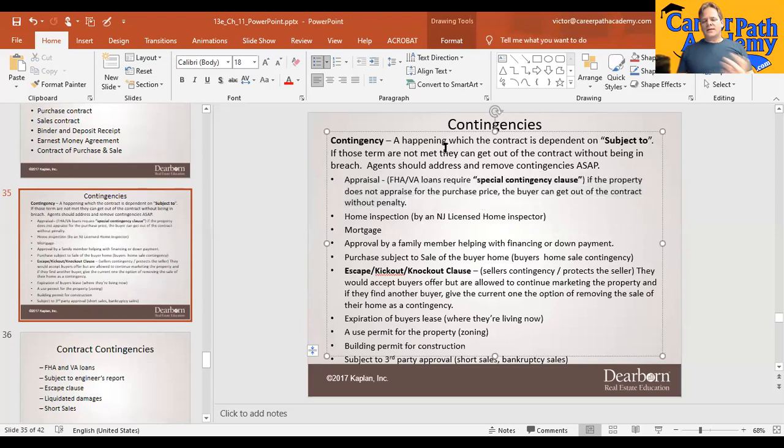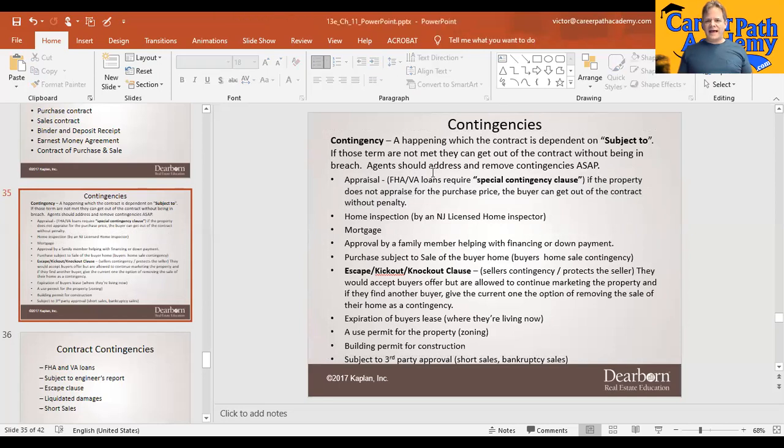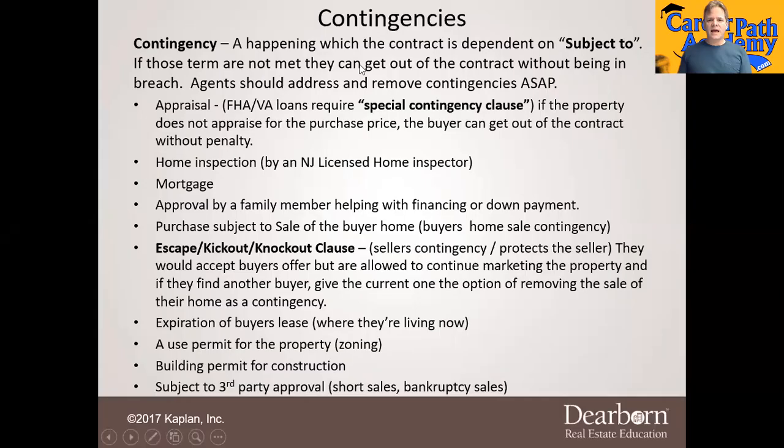So what is a contingency? Let's start off with that. A contingency is a happening on which a contract is dependent. It's subject to. And that's a powerful phrase, subject to, that could be added into contracts.